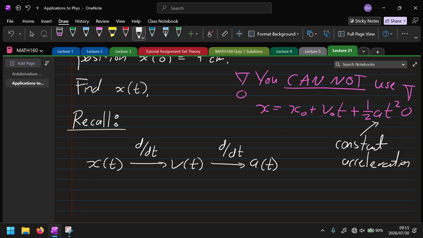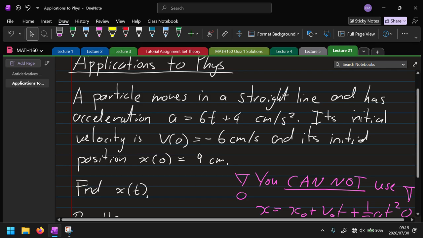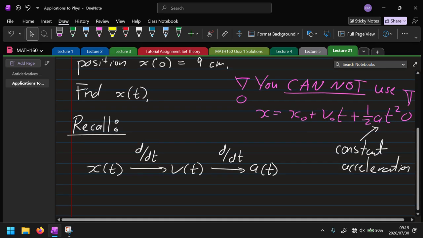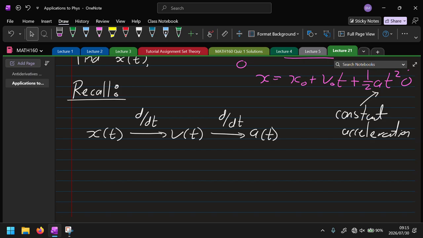But what is the question asking us to do? We're given the acceleration, we want the position. So our starting point is not on the left, our starting point is on the right. We need to hop over here to get the velocity, hop again over here to get the position. How do we go from right to left? Antiderivative. So this is our starting point.